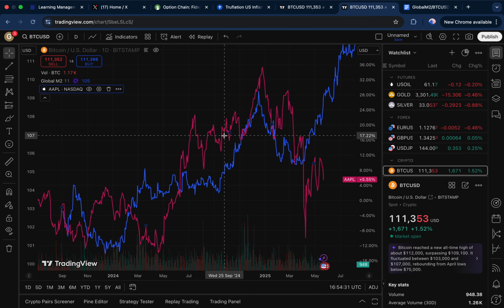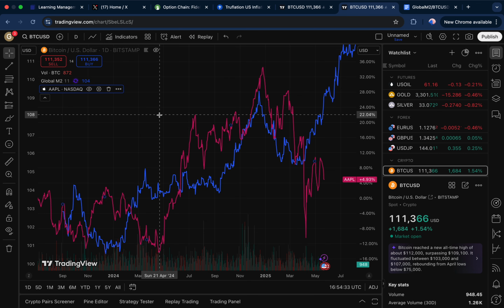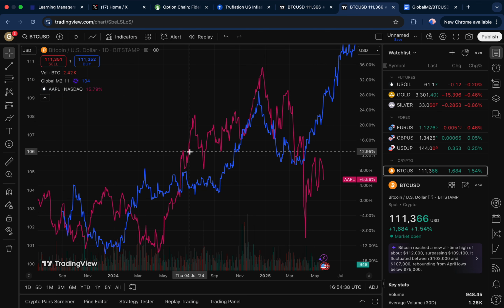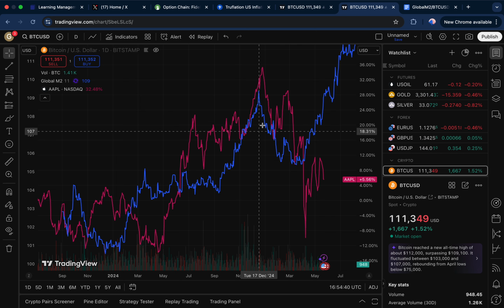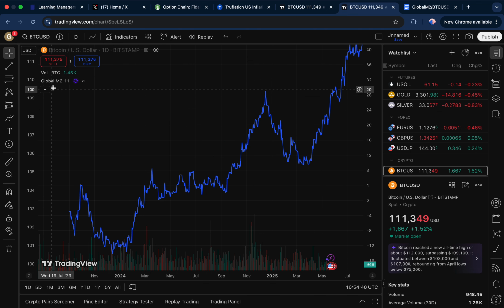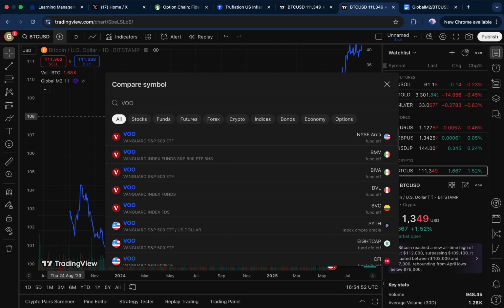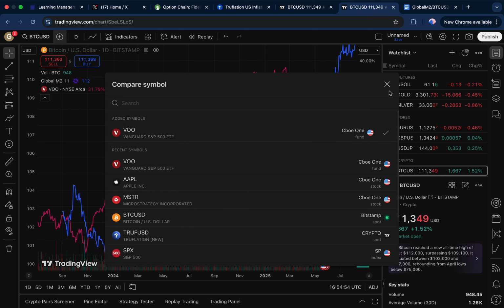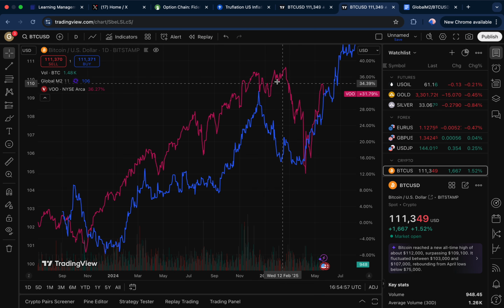Apple's a lot less correlated, but you saw MicroStrategy on there before. That was a lot more, but that's also because it's a Bitcoin asset. Generally, the stock market is moving in this direction. Apple's not a good example because if I did the S&P, I'd be curious how it looks. Yeah, look at that.